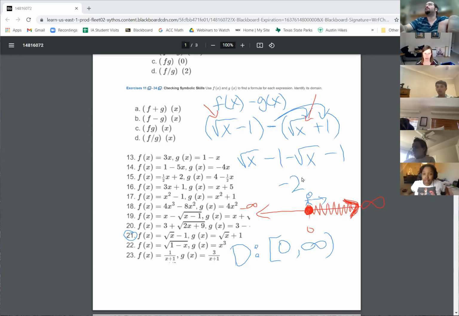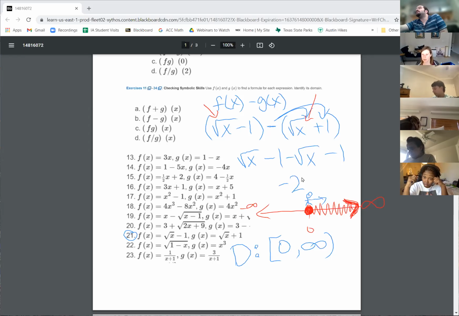Because if I go back to my original problem and plug in -3, technically I can't solve it because the square root of -3 minus 1, I'm still going to get undefined, right? Right. Okay, thank you. Sometimes they confuse you about which one I need to do my domain for. Yeah, no problem.